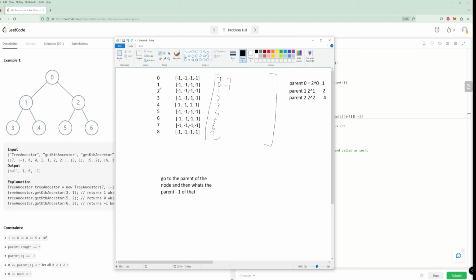So for 2, we would go up to 1, and we'd say, what's its parent 0? Well, it would be 1, right? You can also tell this is all connected. So this would be the second ancestor, technically, and the second ancestor would be 0. Now at node 3, we'd go up to number 2, and then ask what's its parent -1, which would be 1. So this is just 0, 1, 2, 3, 4, 5, 6.